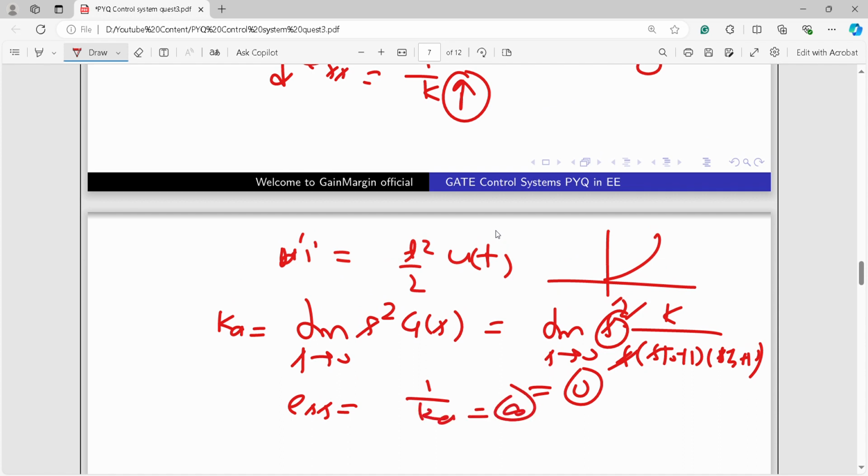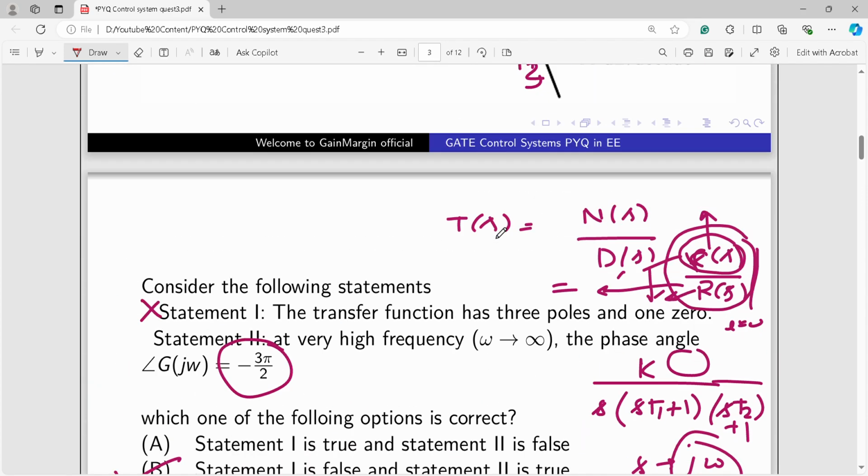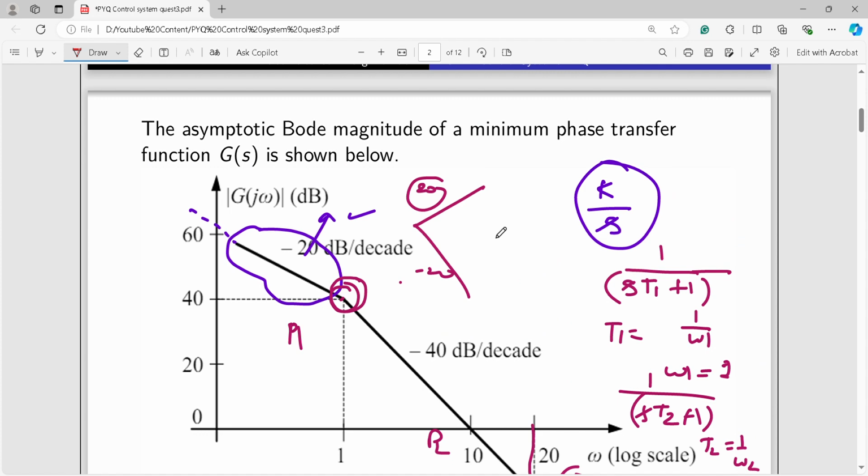So here you can see the initial nature of the Bode plot, minus 20 dB per decade. This is very important to tell whether the system has error or not for various kinds of input.